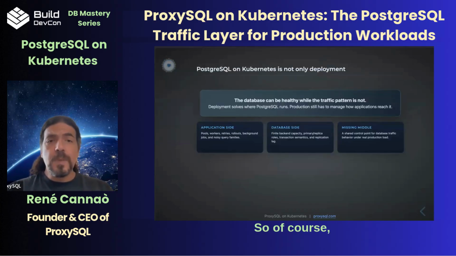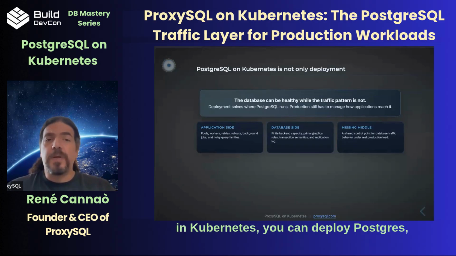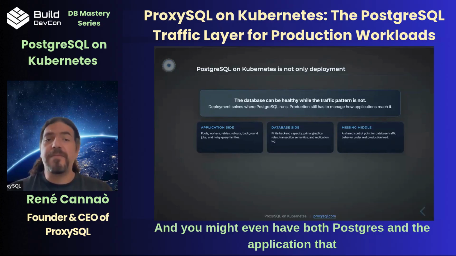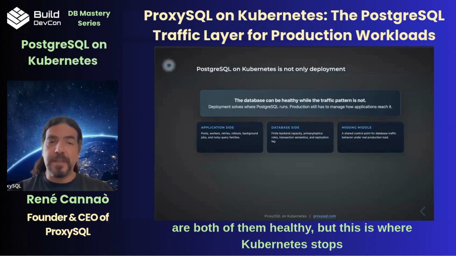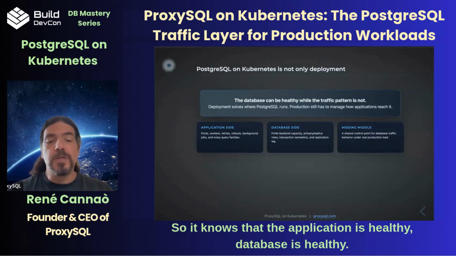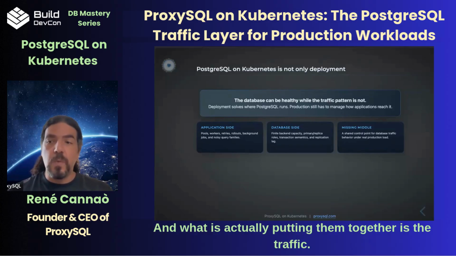Of course, in Kubernetes, you can deploy Postgres, and you can have Postgres that is absolutely healthy. You might even have both Postgres and the application healthy. But this is where Kubernetes stops in terms of its own responsibility. It knows that the application is healthy and the database is healthy, and what actually puts them together is the traffic.